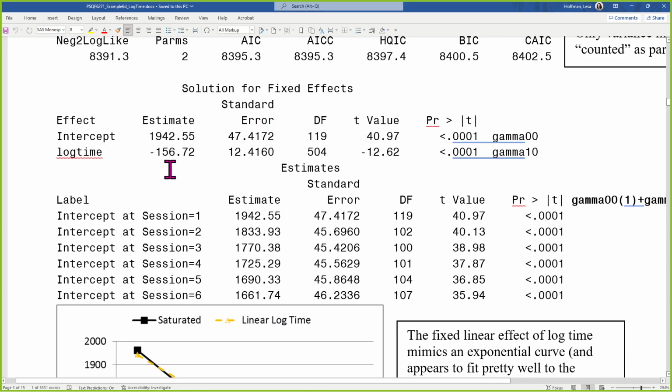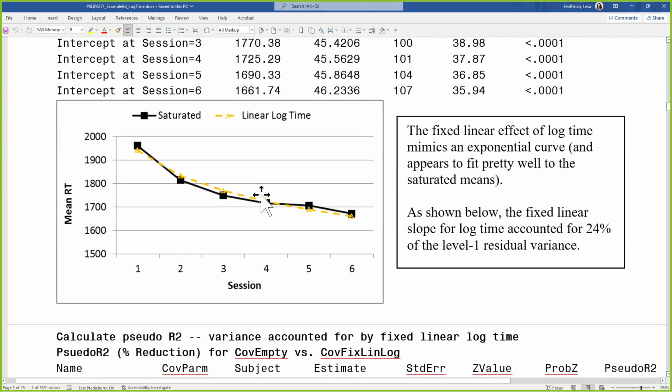So minus 156 is the rate of change per unit log time. And then someone's going to be like, what the hell is a unit log time? And I would say, good question. Please see figure 1 for a picture. So the yellow line is the prediction from log time. And damn, doesn't that look pretty? These are real data too.